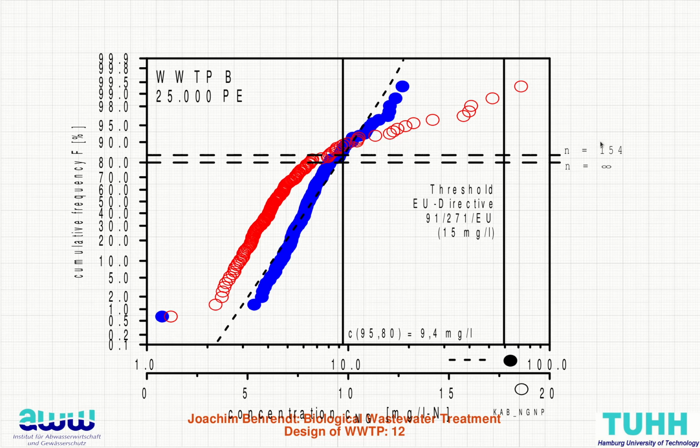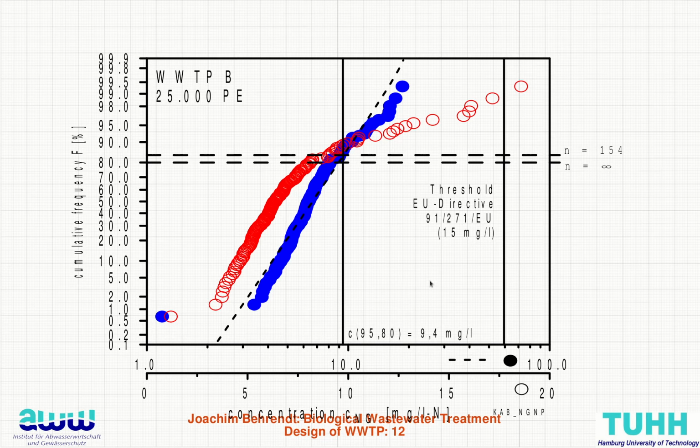But in this case we only have 154, so we have to go a little bit higher. Then we go back and receive this value of 9.4 milligrams. That means with 95% security, 80% of the values are below 9.4 milligrams per liter.